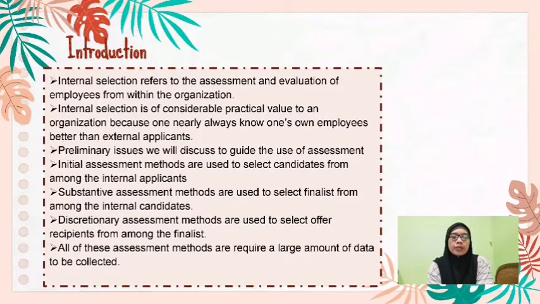Preliminary issues we will discuss to guide the use of assessment methods include the logic of prediction, the nature of predictors, and the development of a selection plan. Initial assessment methods are used to select candidates from among the internal applicants.